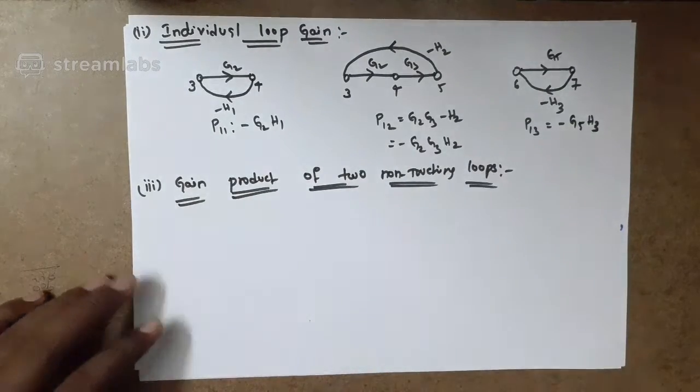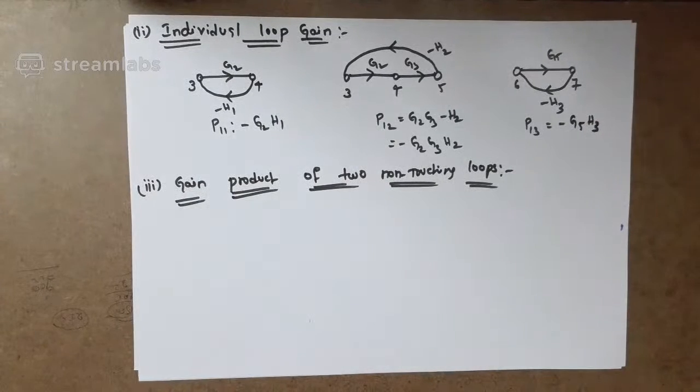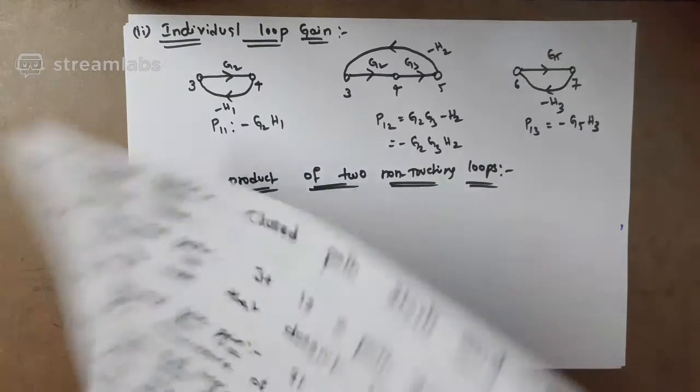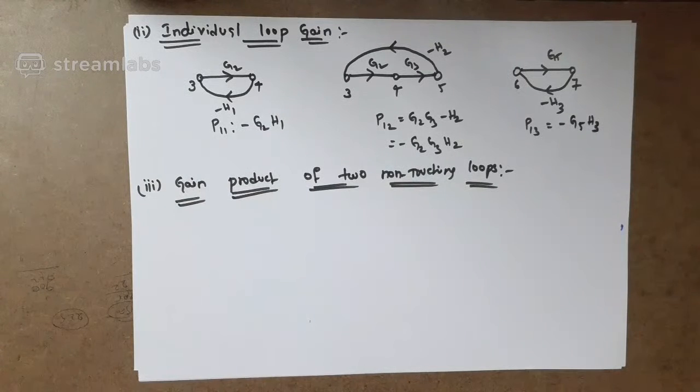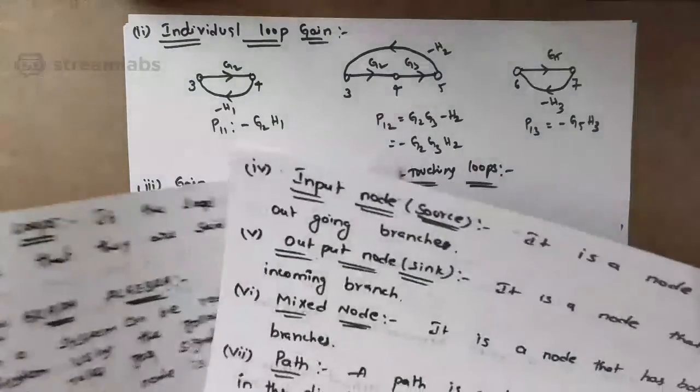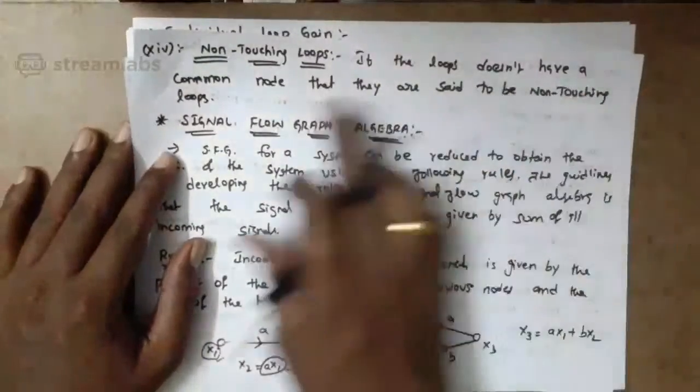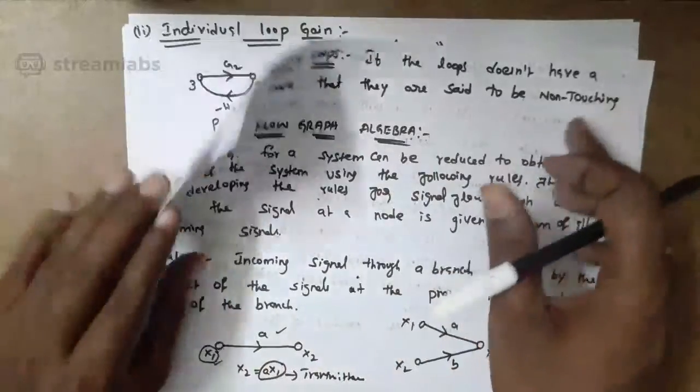What is meant by non-touching loops? If the loops don't have a common node, then they are said to be non-touching loops.